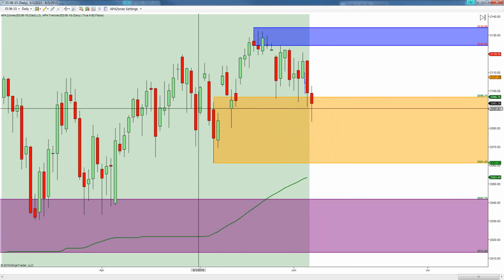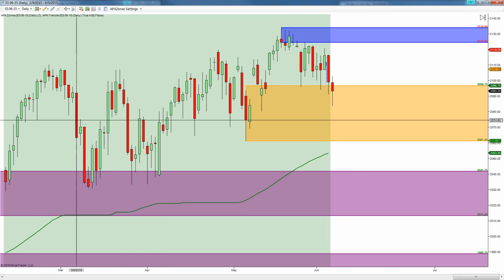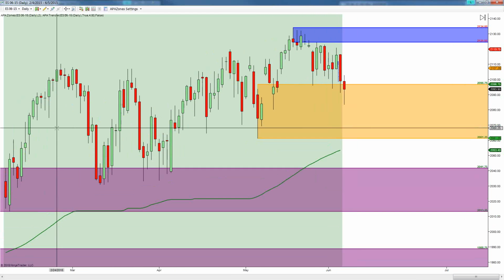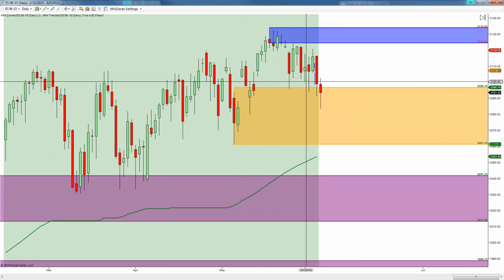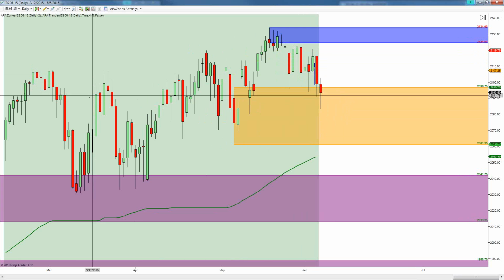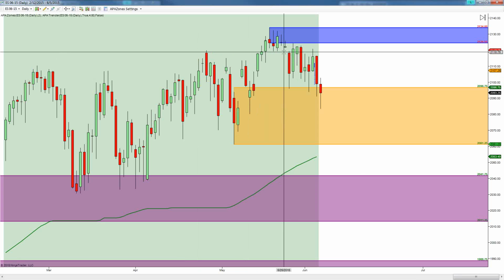So it feels like we're still in this small, or actually I should say large range and really a chop area that we've been in for the past several months here. So I would expect for this to continue on because it just seems to be staying like this. A lot of overlap in all of these bars, so a lot of indecision in the market in general, I would think.